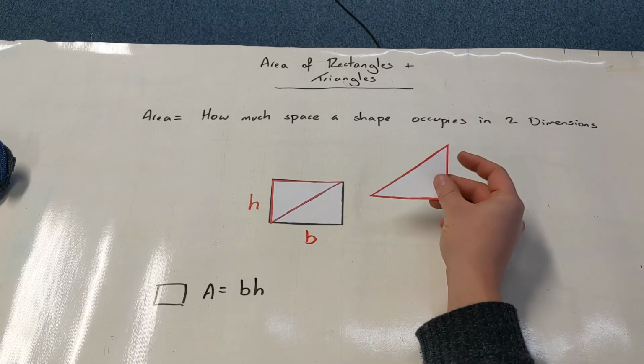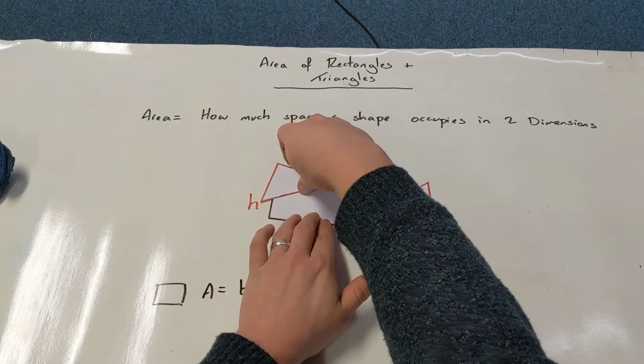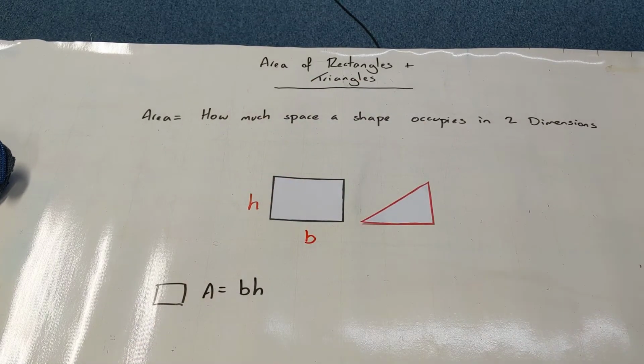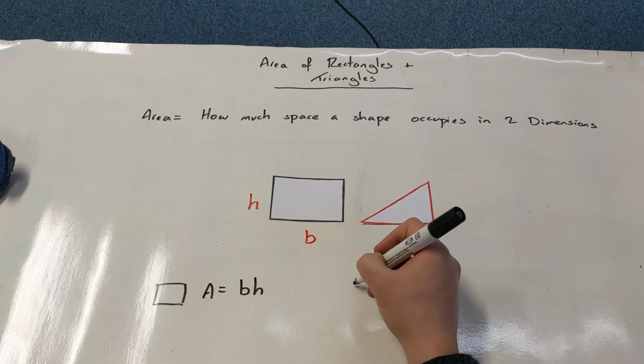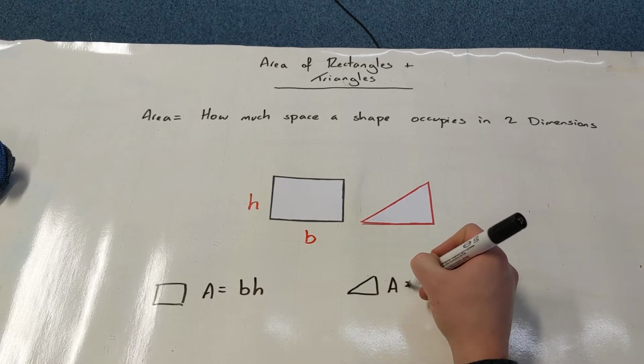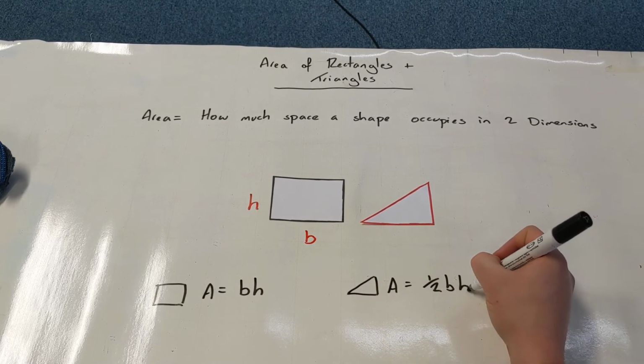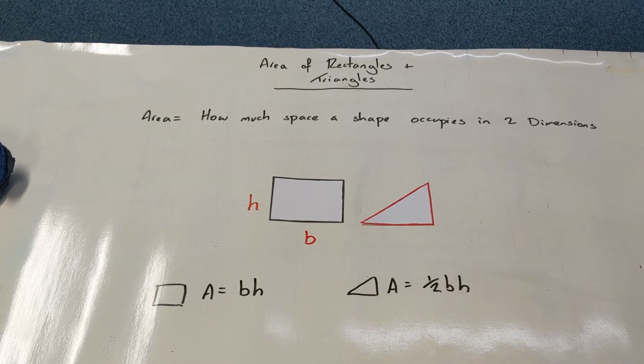So this triangle here, that's half the size of this rectangle. And so that gives us our second equation. So to work out the area of a triangle, it's just a half times the base times the height. And that's all there is to it.